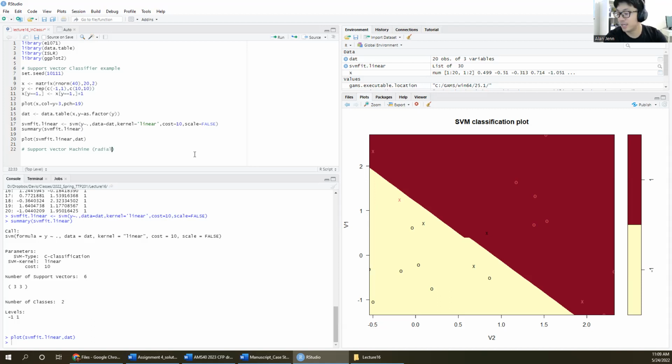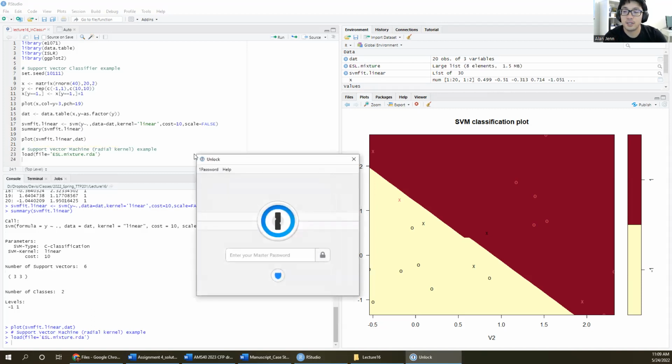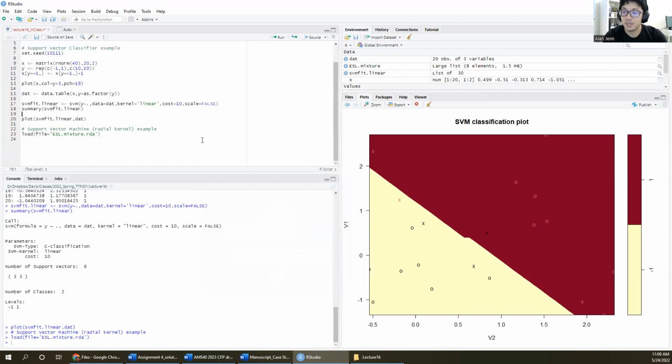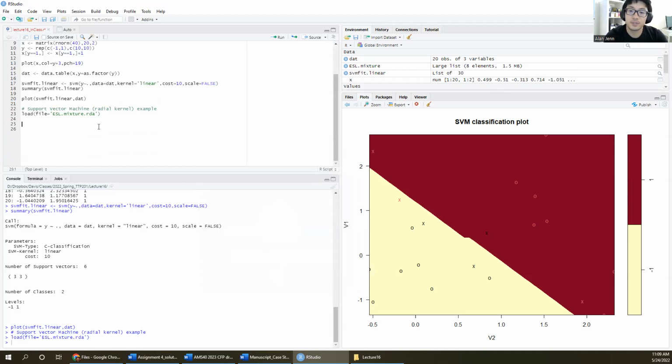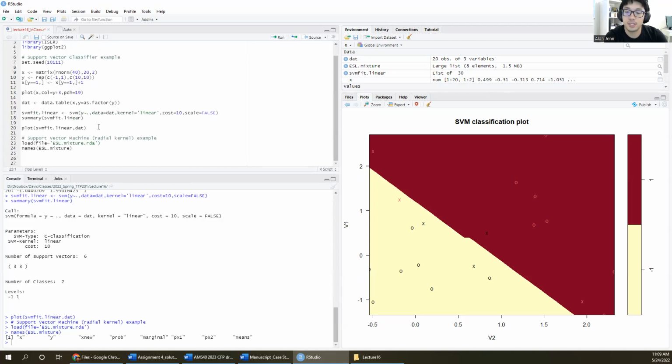So now we'll look at an example of the nonlinear version. Here I'm actually going to load in some of the data, that is on Canvas.